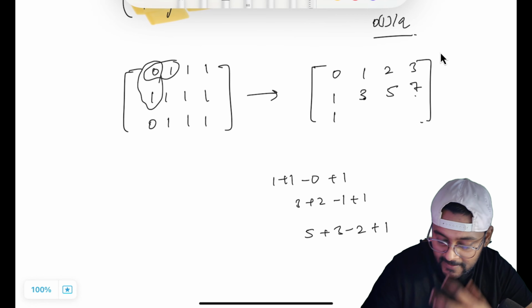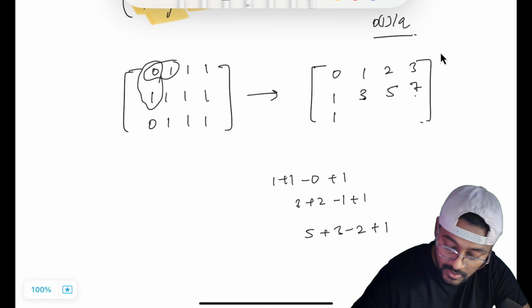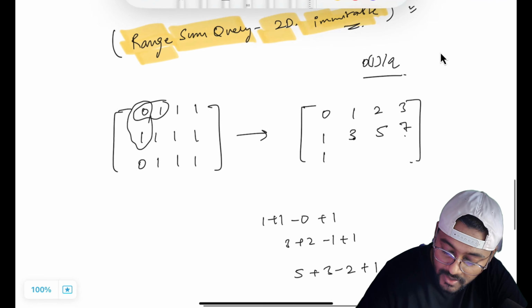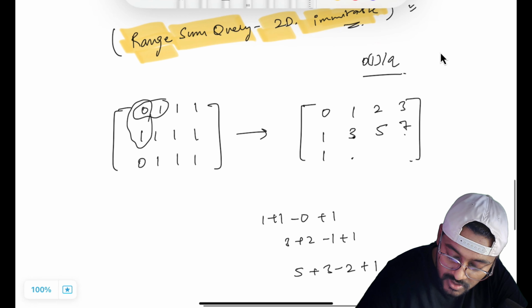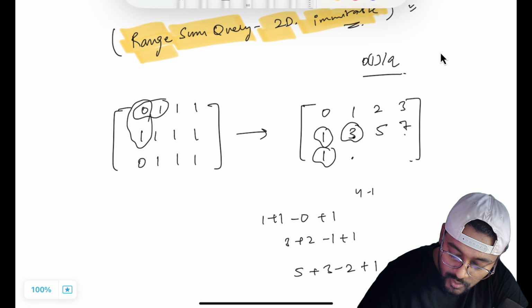And you can also see that 3 plus 4, 7 is there. Now let me apply the same formula and get the prefix sum. At this position, this sum plus this sum, which is 4, minus this sum, minus 1, plus the actual value at this position, plus 1, that is 4.